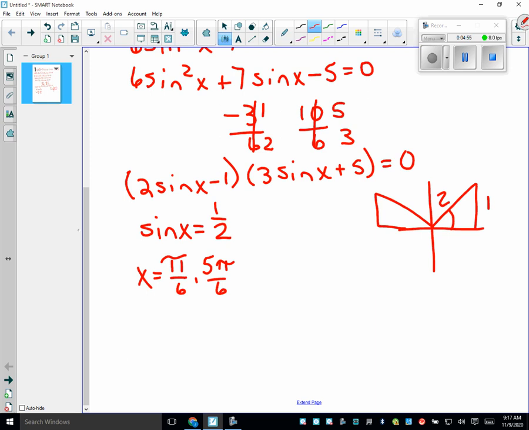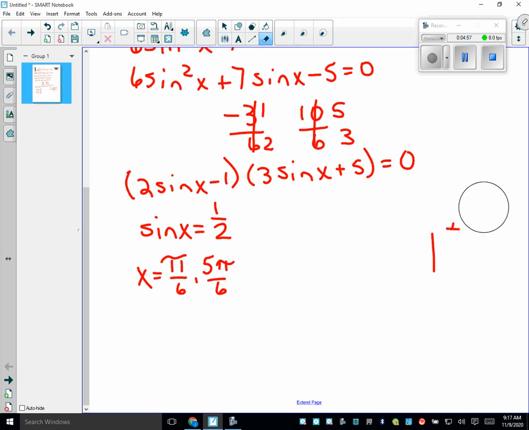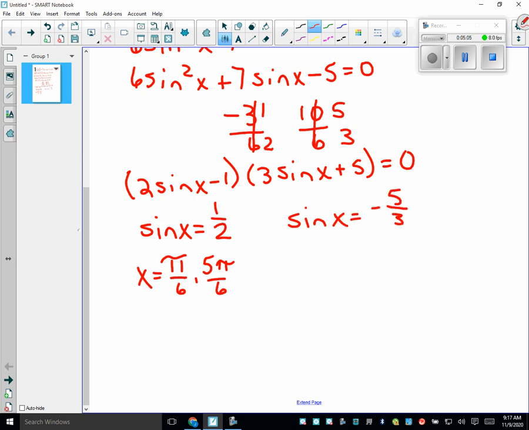Now for my second piece, does this say sine of x is negative 5/3? Where does that happen? Why?